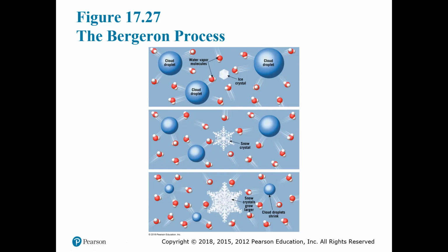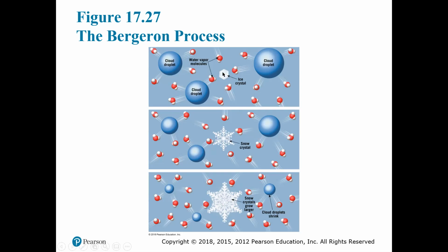All right. When ice crystals, we've got a little ice crystal here, and those supercooled water droplets coexist, this is setting up a perfect process for precipitation. Ice crystals have a greater affinity for the water vapor rather than liquid water, and so they're going to collect this water vapor at a faster rate.